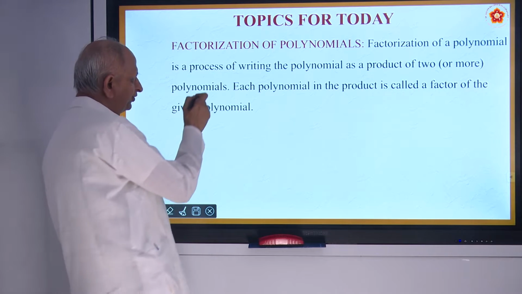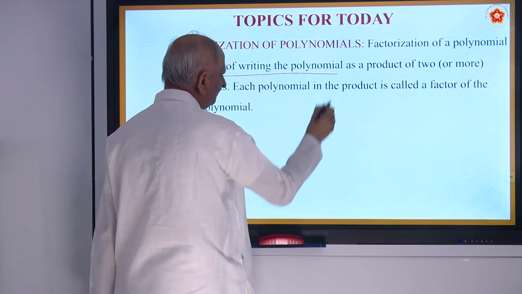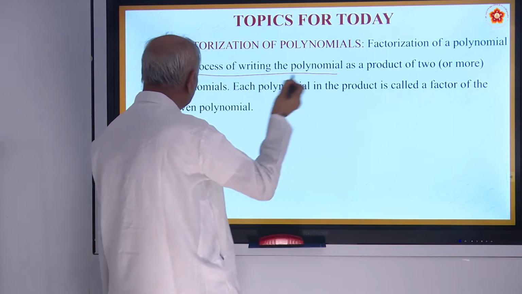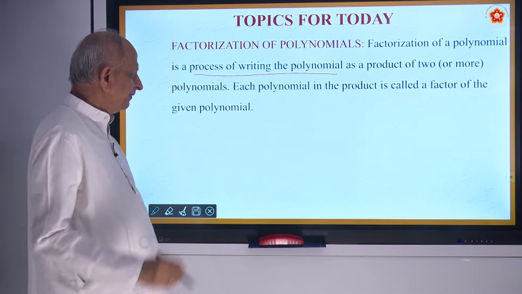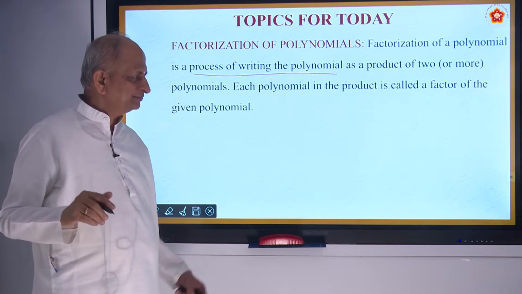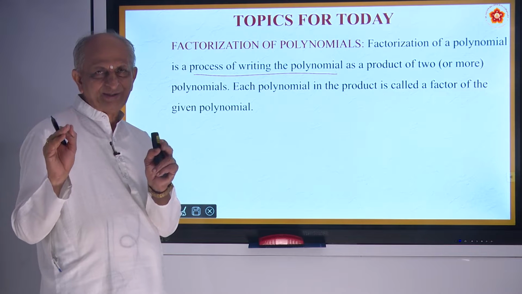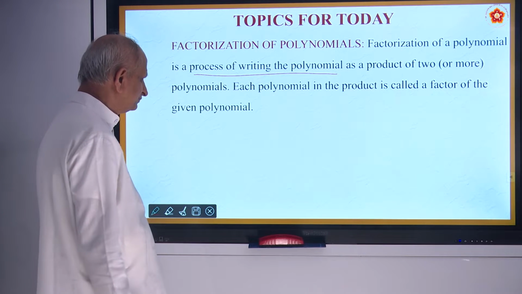So here is a process of writing the polynomial as a product of 2 or more polynomials. For example, if you have a² − b², you can write it as (a + b)(a − b). That is the meaning.